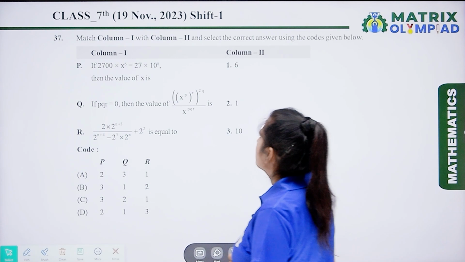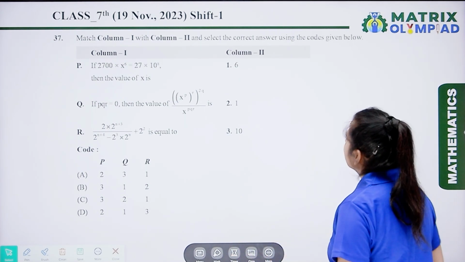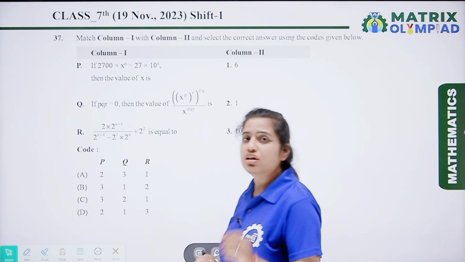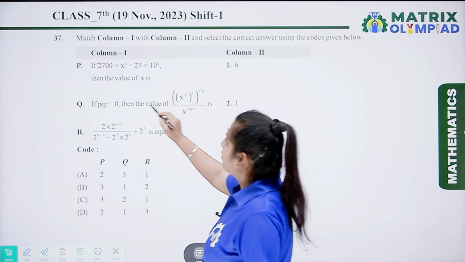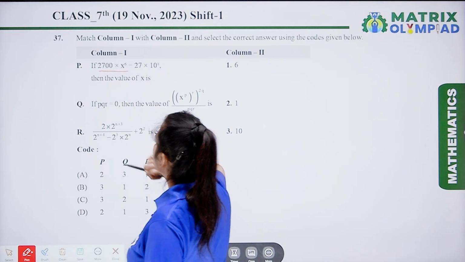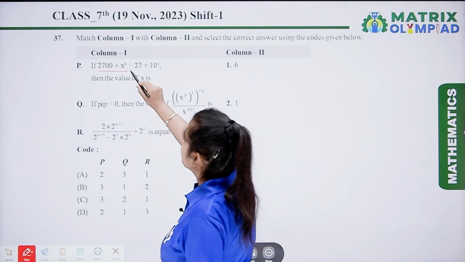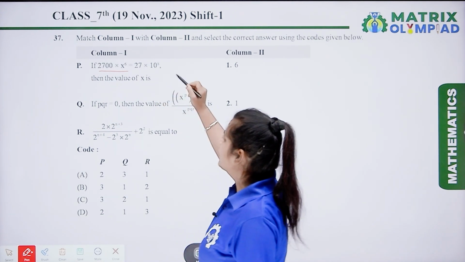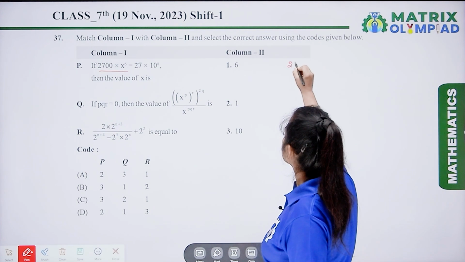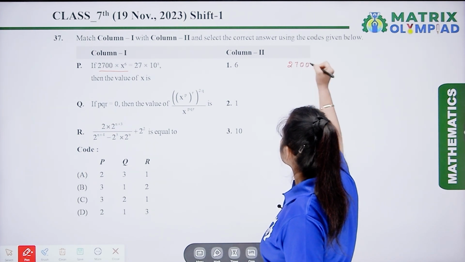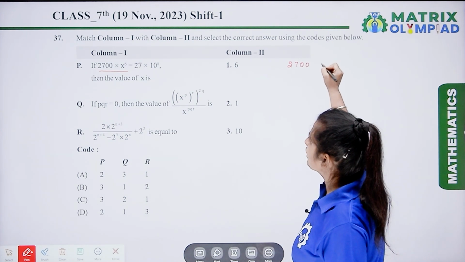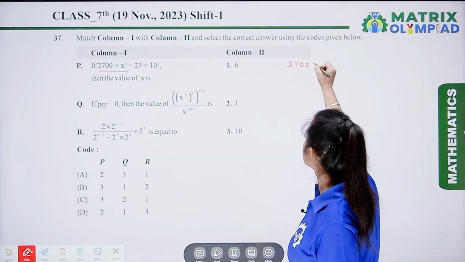Match column 1 with column 2 and select the correct answer using the codes given below. Now here let's solve the first P part. Here 2700 multiplied by x to the power 6 equal to 27 multiplied by 10 to the power 8. So let's solve it. Here we have to find out the value of x.